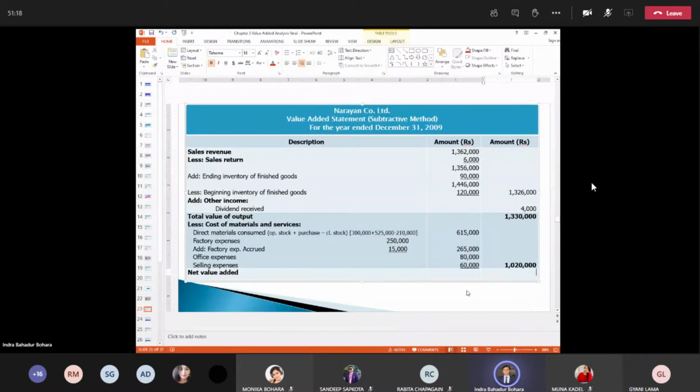To calculate value added, 1 lakh, 2 lakh, 3,10,000. 3,10,000 is value added. Okay, why is this 3,10,000 value added by the company? That is proved from the additive method.